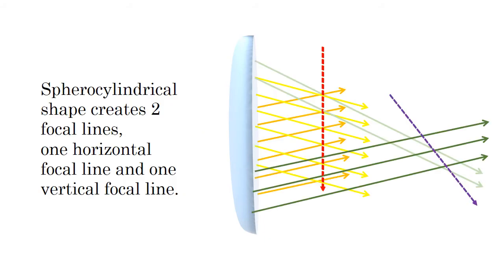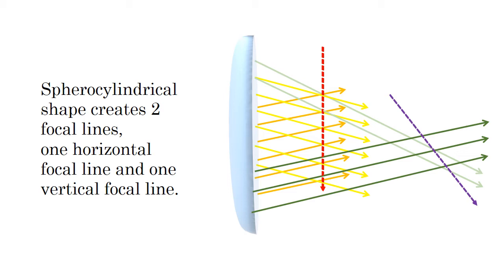And sorry for this picture, but it is really hard to draw this. What happens with a spherocylindrical shape is it creates two focal lines. In this case, because of our orientation of the cylinder part, in other words, it was like a can of pop sitting on a counter, rather than lying on its side, we have it the long end vertical.